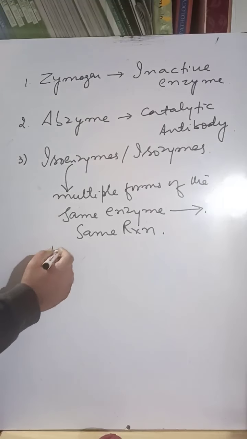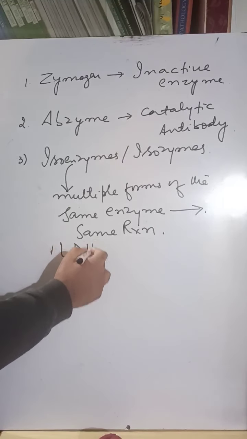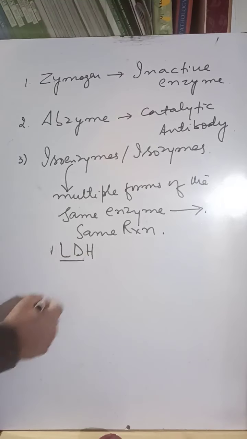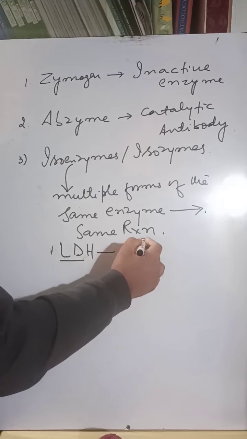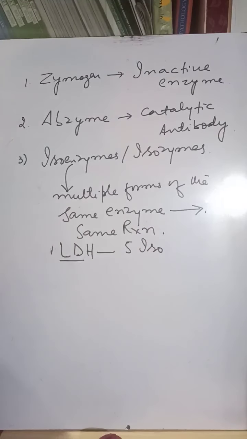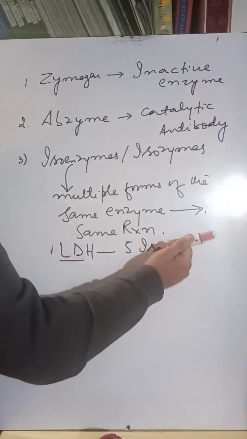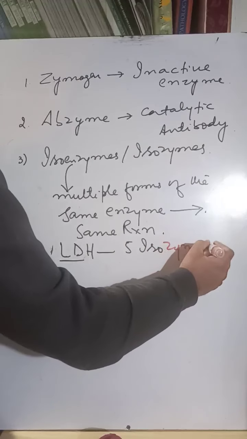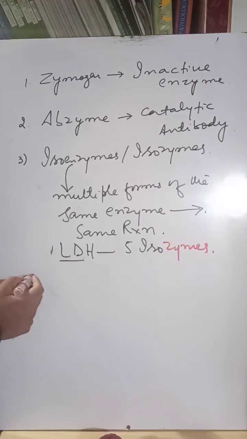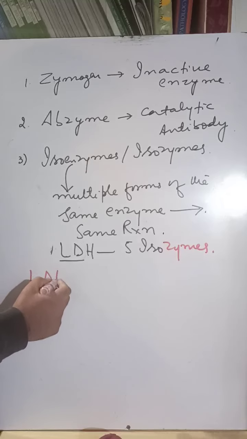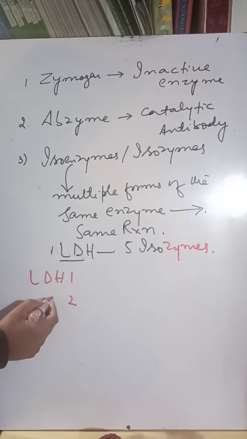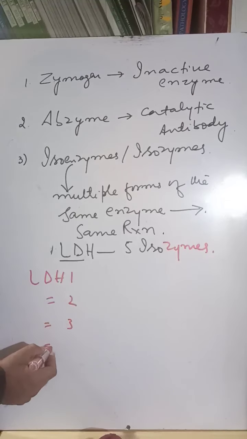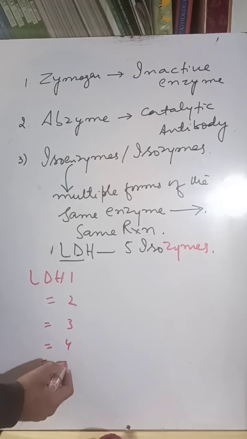For example, there is an enzyme called LDH, lactate dehydrogenase. It has 5 isozymes. Simply we write them as LDH1, LDH2, LDH3, LDH4, and there is LDH5.